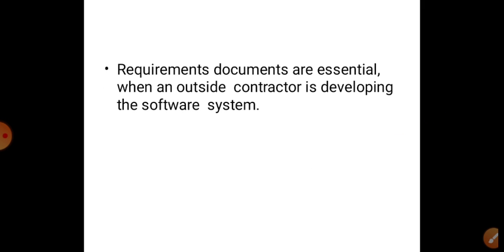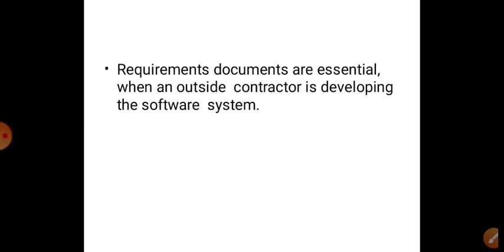When is this requirement document essential? The requirement document is essential when you are giving the software development to an outside contractor. When you are signing a contract with outside people, you have to exchange money for the services.